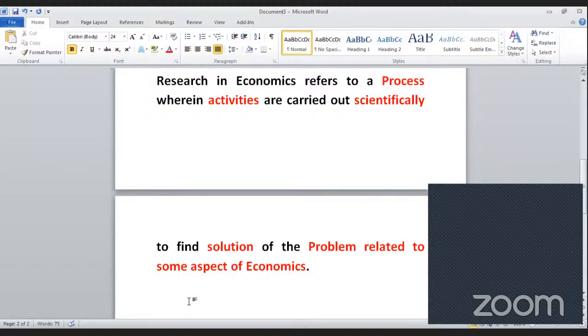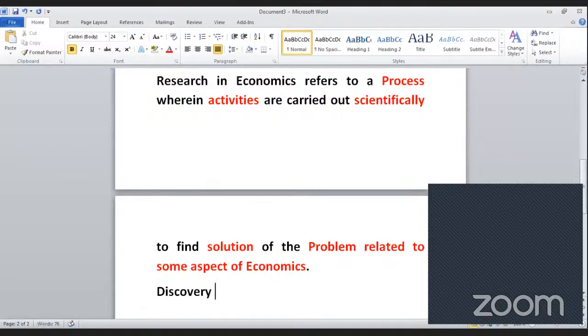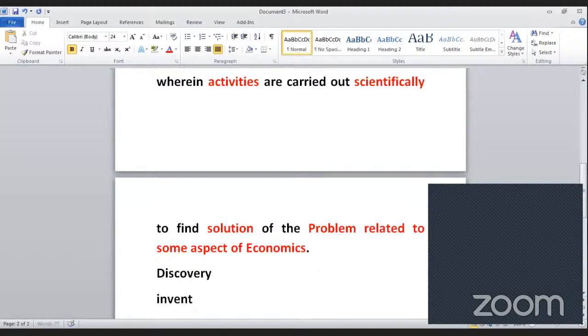Now there are two words. One word is called discovery and another word is called invention. I'm sure you know both these words, and I'm sure that you can differentiate between these two words. And you know that for discovery, you cannot have a patent, and discovery cannot be repeated.